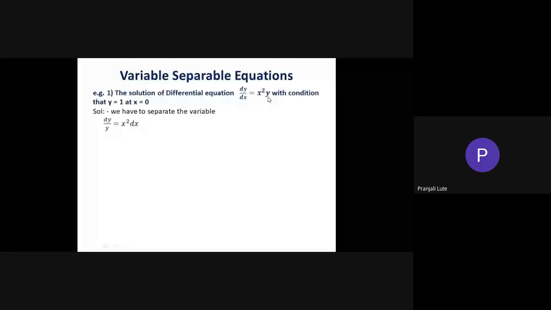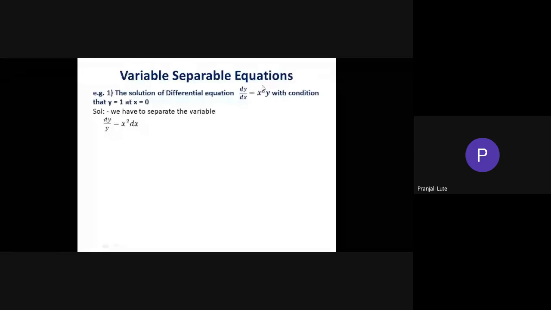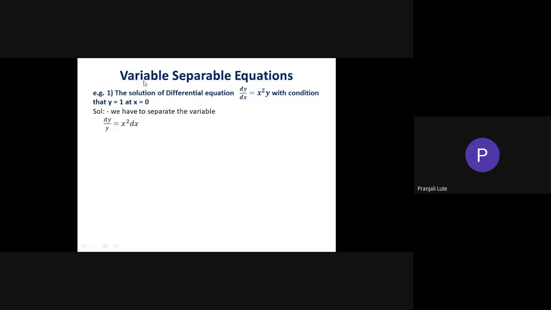Here the right hand side is a combination of x and y. But I already told you, first we have to separate the variables, because this is an example of variable separable form. So we shift y to the left hand side and dx to the right hand side.